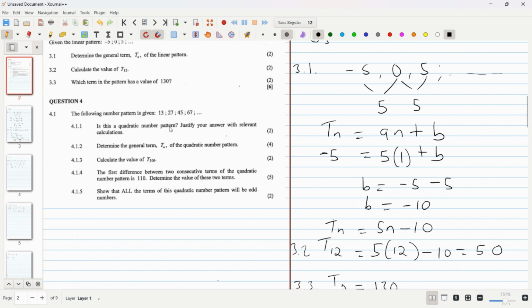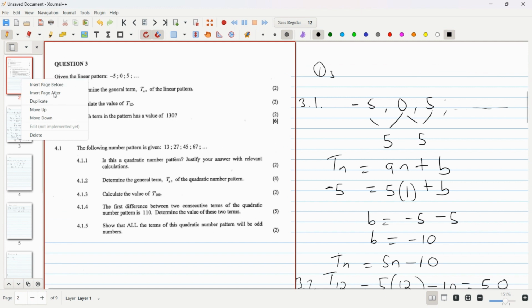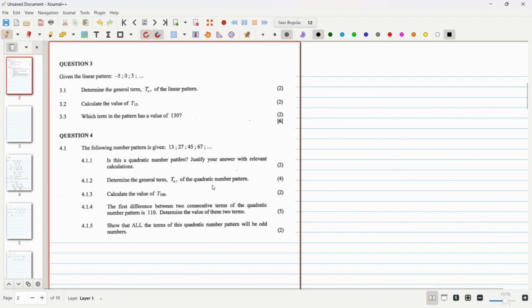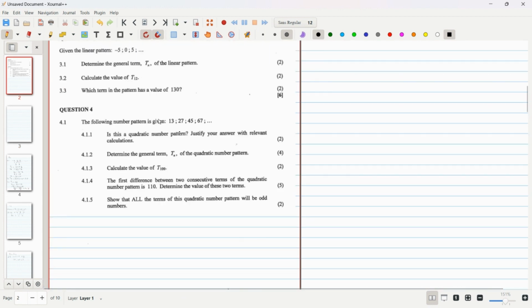Okay, so for the second part of the question here, we have a quadratic pattern. As you can see, question 4 here. So question 4, they ask us if this is a quadratic number pattern. So we're given 13, 27, 45, and 67 as number patterns here.